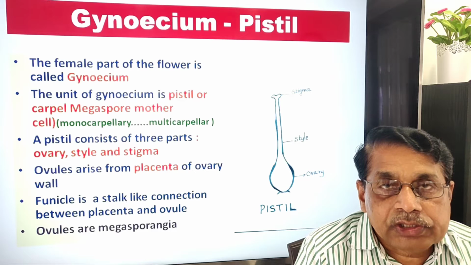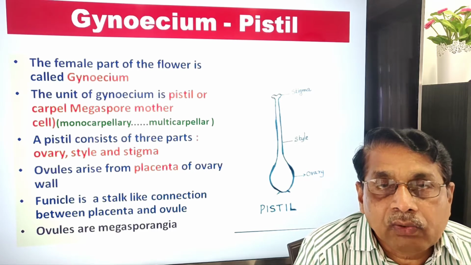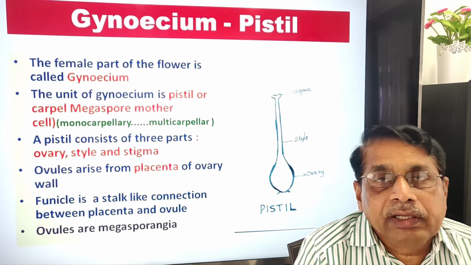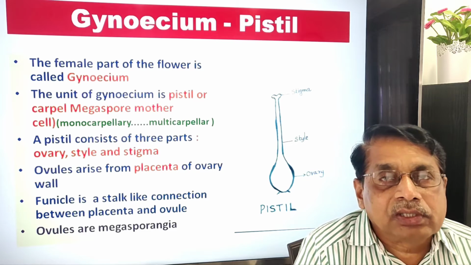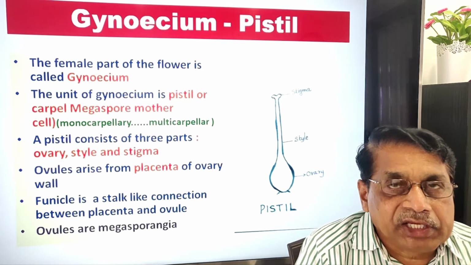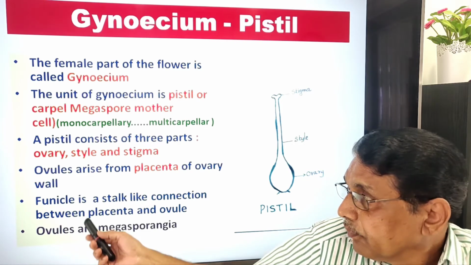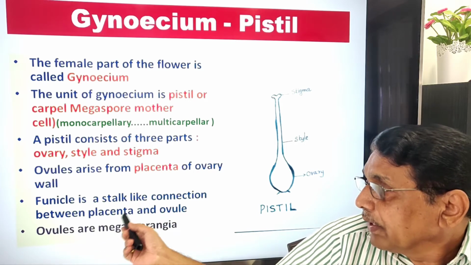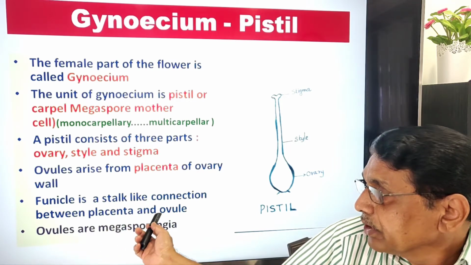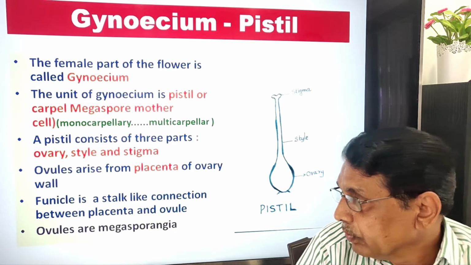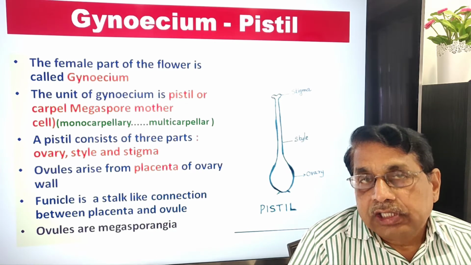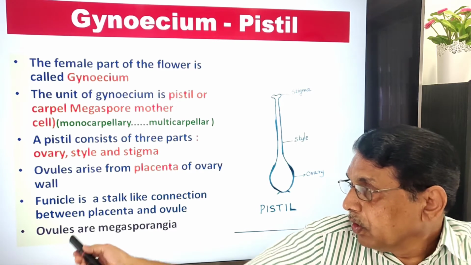Different types of placenta are there. That is called placentation. Funicle is a stalk-like connection between the placenta and ovule. This I will show you in the diagram.